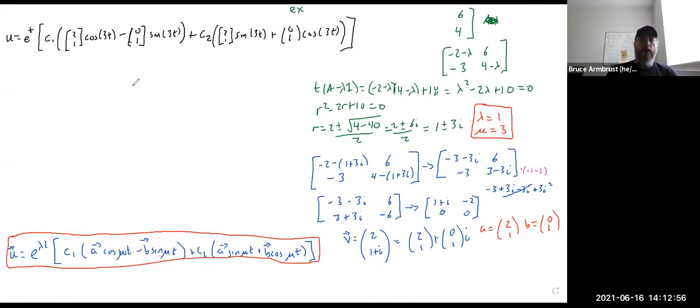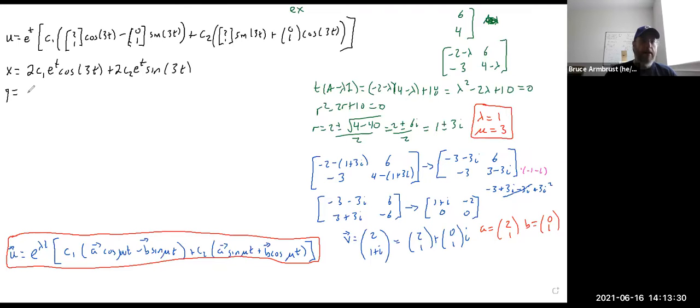And again, I want to go ahead and write them out separately so you can see what these things look like. So x is going to equal 2c1 e to the t cosine of 3t, minus none of these, plus 2c2 e to the t sine of 3t, plus nothing else. So that's what x equals.